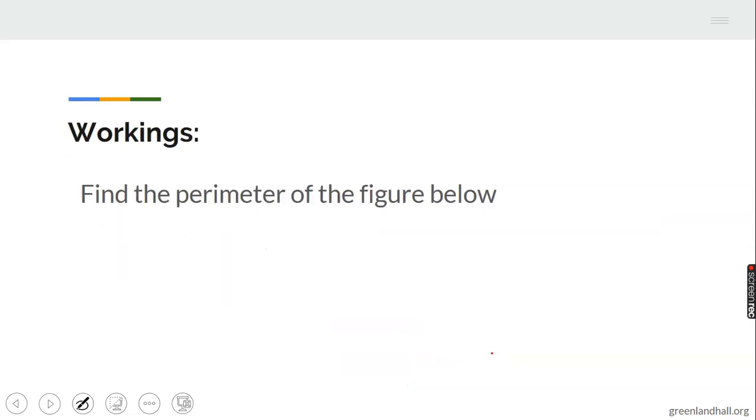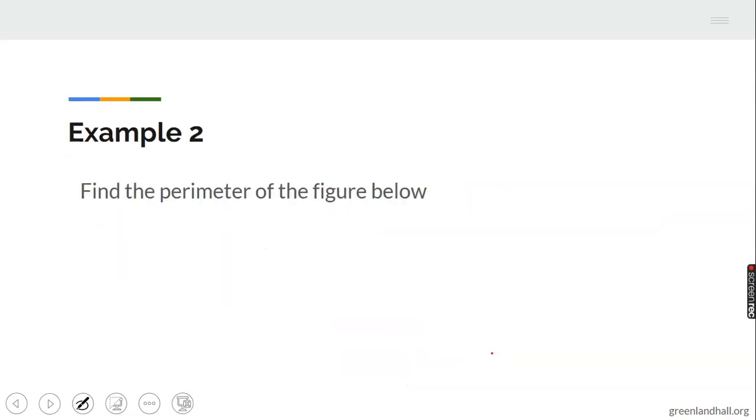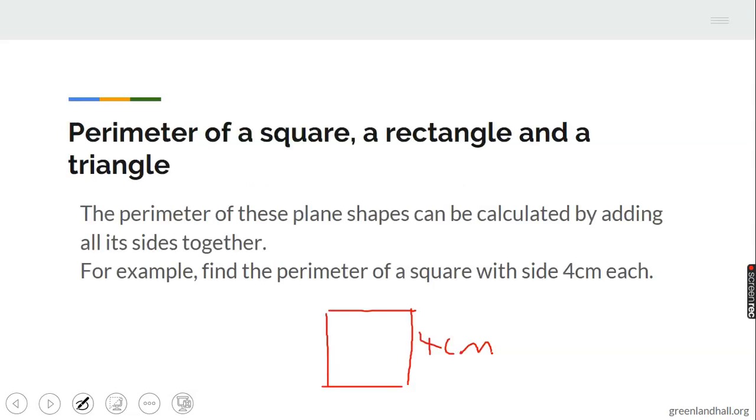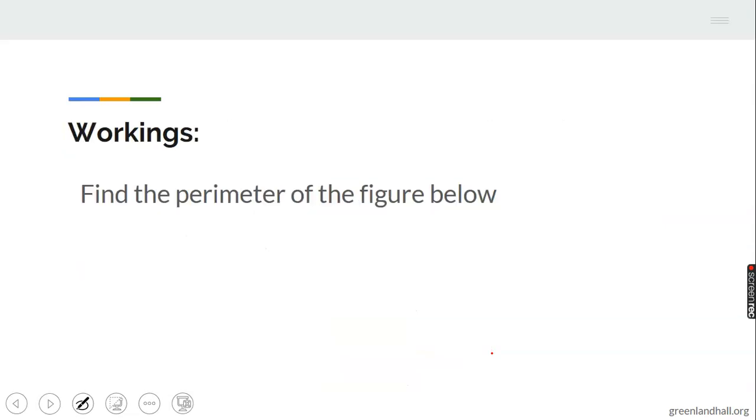Now, you will check the side, 4 centimeters. We said that all the sides are equal with the properties, right? Don't mind my diagram. 4 centimeter sides each.